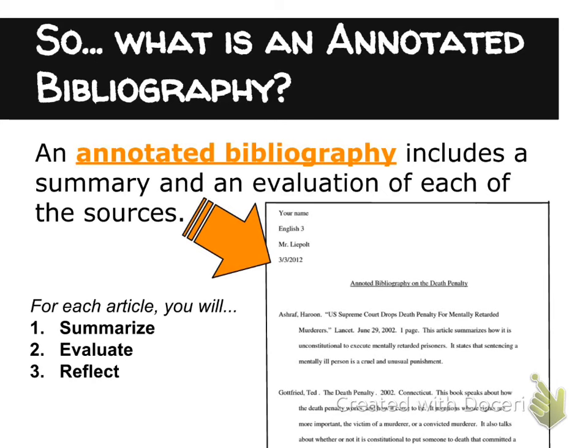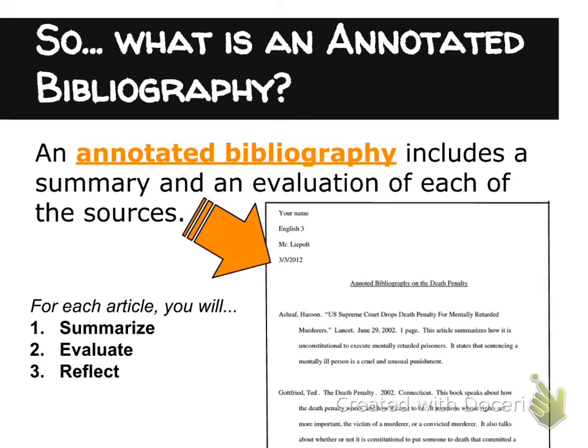The purpose of the annotated bibliography is to list the sources that you're using for your research. So it could be a book, an article, a website, but then you follow it with a brief description and evaluation paragraph, which is called the annotation.